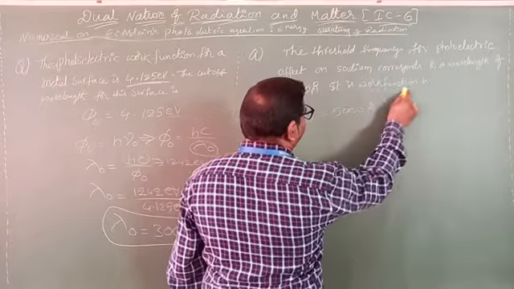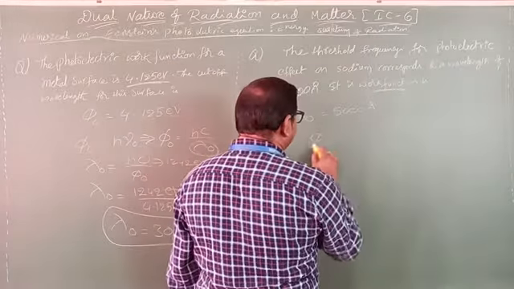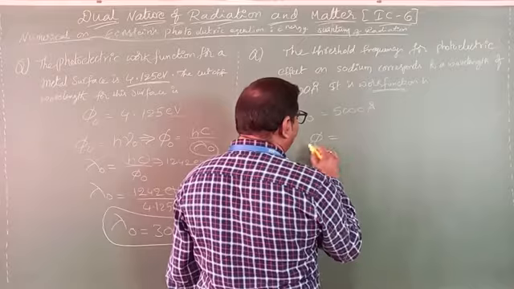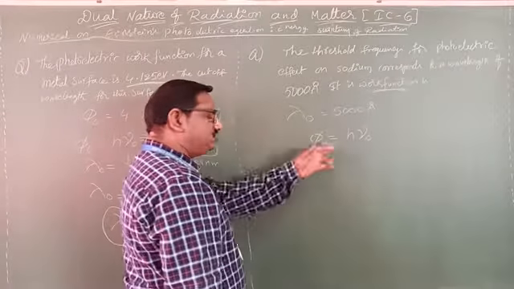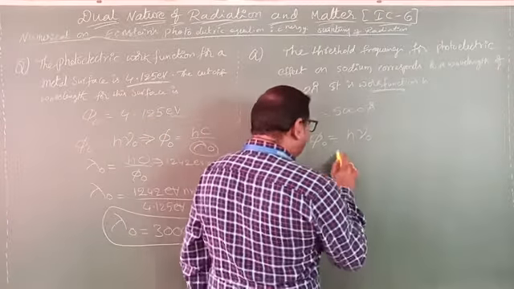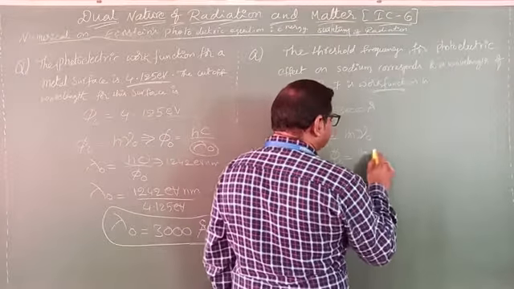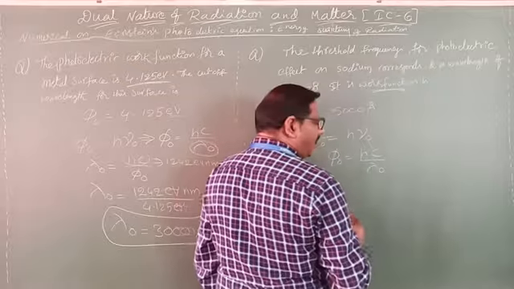Now what are they asking? The work function. Phi naught equals h nu naught for threshold frequency, which I write as phi naught equal to hc by lambda naught.